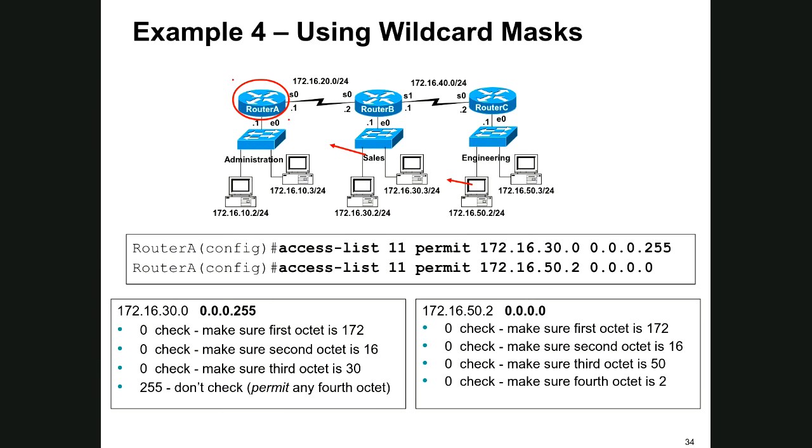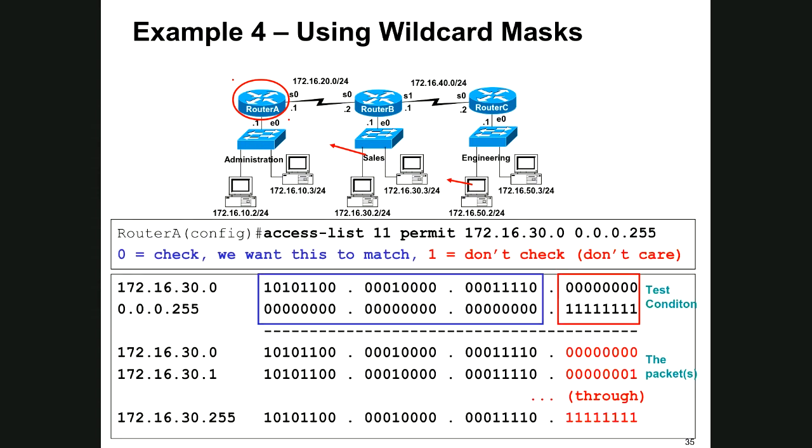All 4 octets must match exactly. That second line will only match source packets that have the IP address 172.16.50.2. And that means only that engineering chief, who has that 50.2 address, only his traffic is to be permitted. So now we've taken care of everybody in the sales department and only the chief of the engineers to go out. And there's the binary equivalent that shows the same thing.